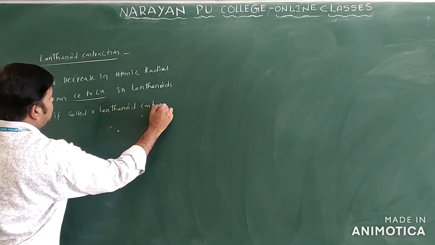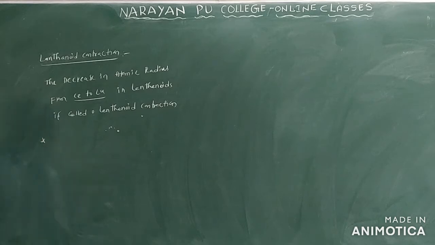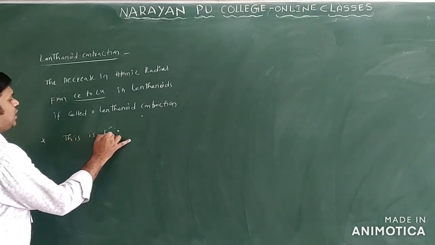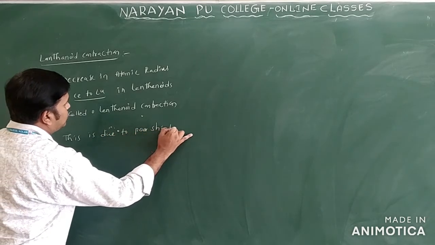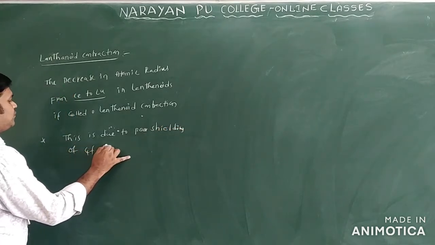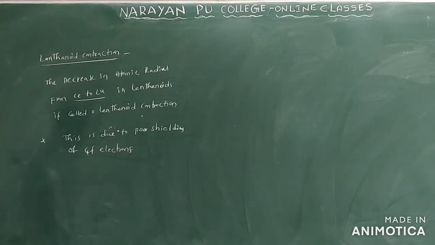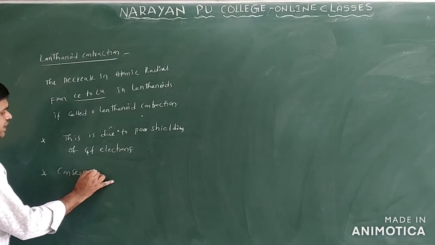What is the main reason? This is due to poor shielding of 4f electrons only. So what are the consequences of lanthanoid contraction?